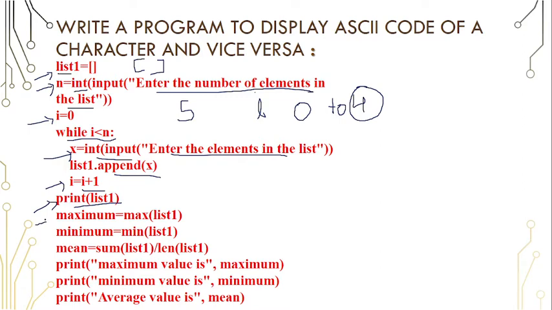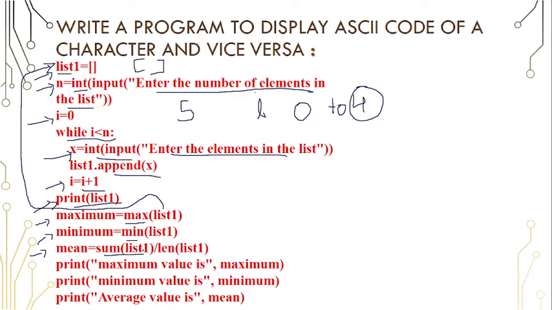Then for maximum variable we call a max function in which input is given from the list. This is the same variable of empty list, right? Then minimum, min function. Then for mean we use two functions. First one is sum of list1.